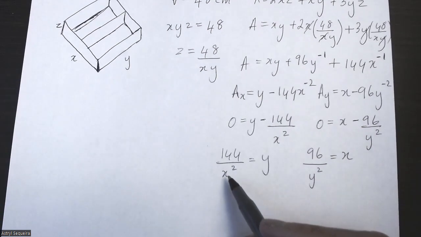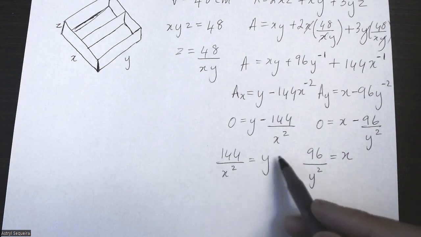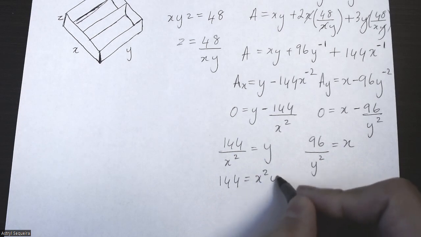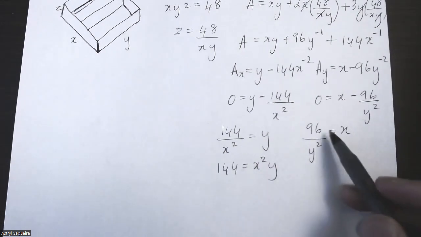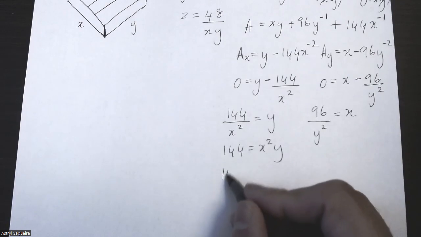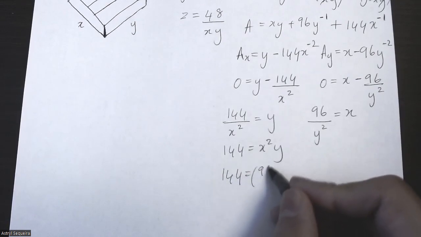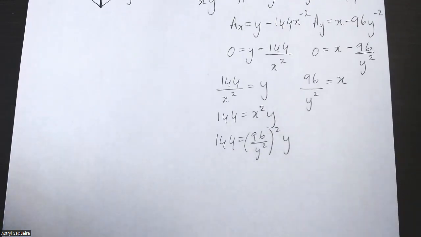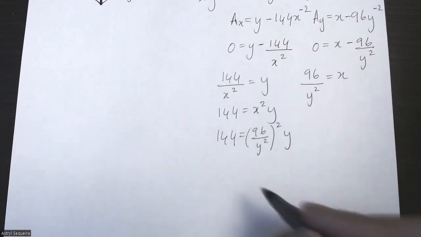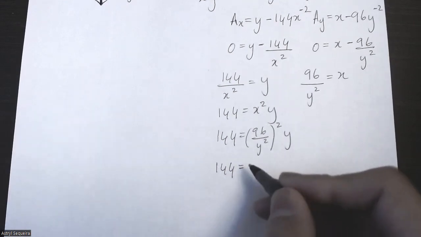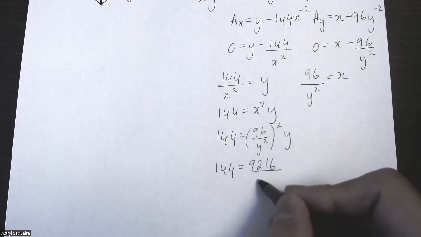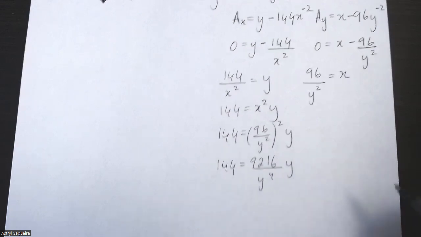Then I will just cross multiply this x squared over. So 144 equals x squared y. And then I'll replace this x with 96 over y squared. I'm doing substitution here. 96 over y squared, squared, times y. 96 squared, again, I'll do that in my calculator. So 144 equals 9216. y squared squared is y to the power of 4 times y.